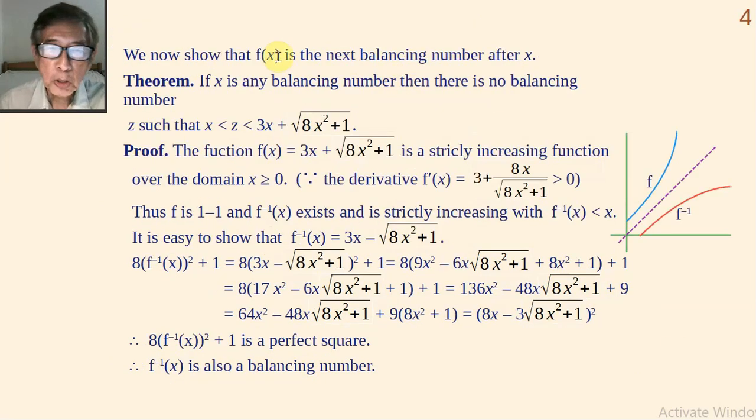We now show that f(x) is the next balancing number after x. Theorem. If x is any balancing number, then there is no balancing number z such that z is between x and f(x). The proof. The function f(x) is a strictly increasing function.